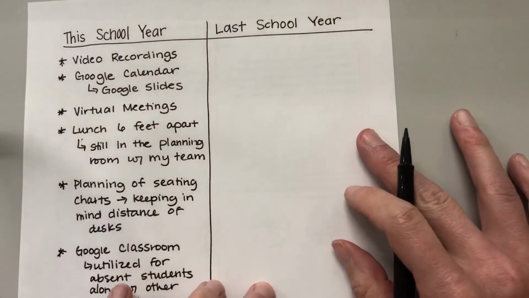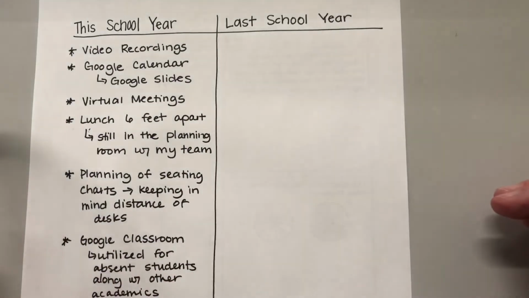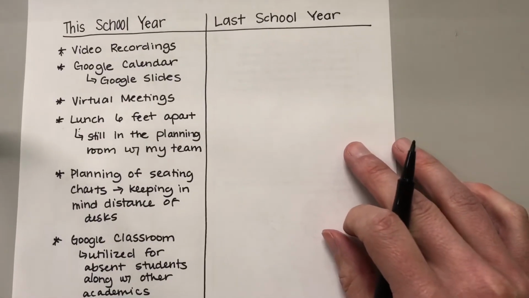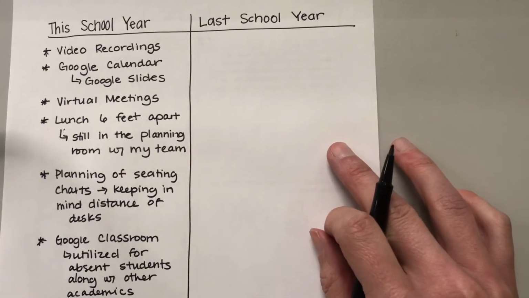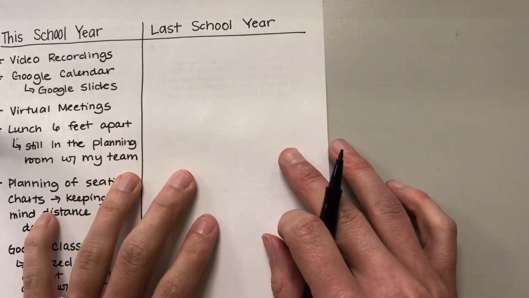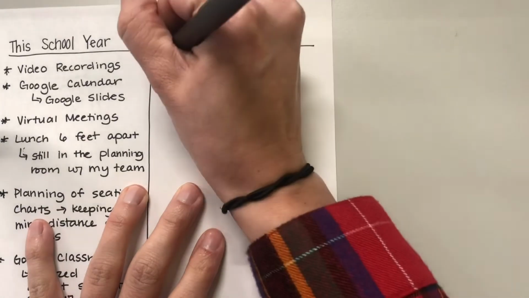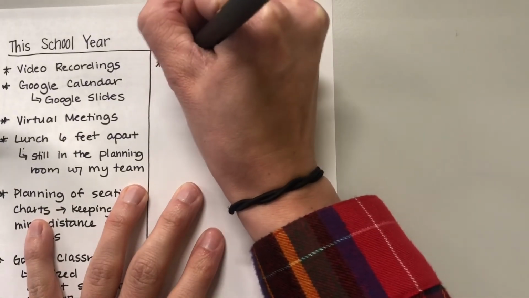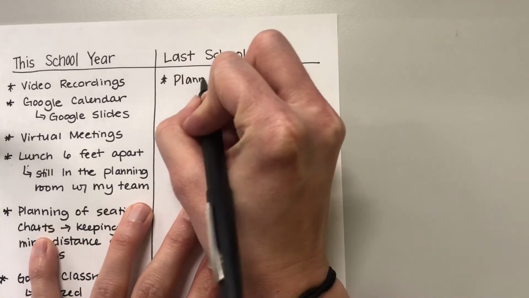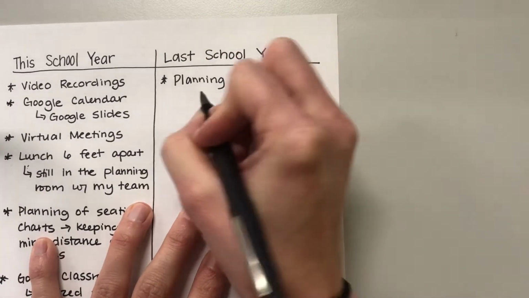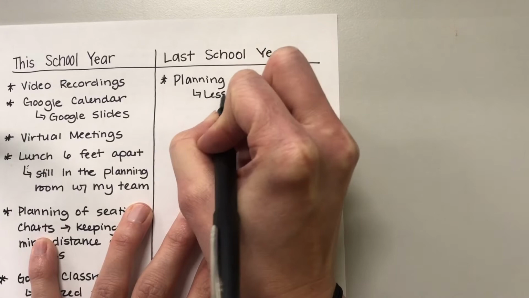Now I'm going to go to last school year. What was it like last school year? Or I should say on a typical, not COVID year, because we know the last half or the last kind of fourth there was a little different, but I'm thinking kind of a typical year here. So I would say I always would have a planning book that I would use as my lesson plans.